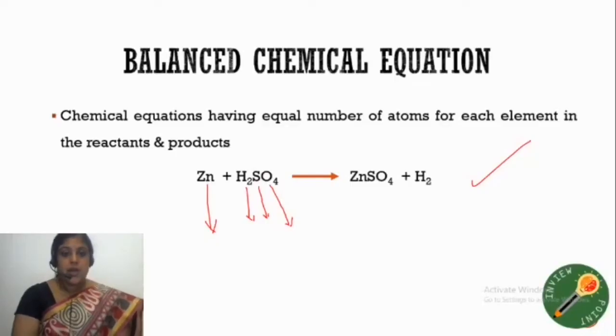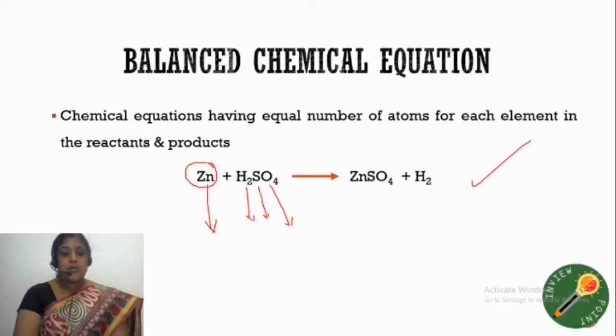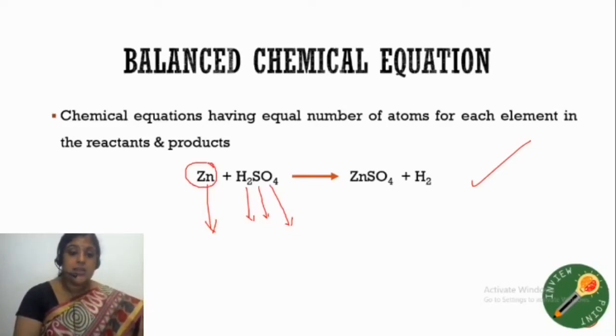Now let's find the number of atoms of each element in the reactant and product side. Let's take the first element, zinc. How many atoms of zinc are there in the reactant side? That is Zn, so there is only one zinc atom in the reactant side.